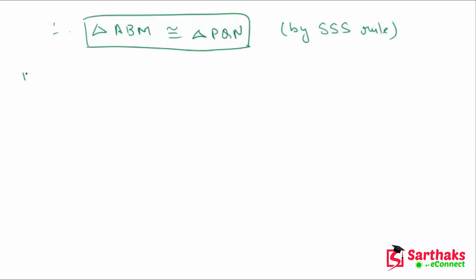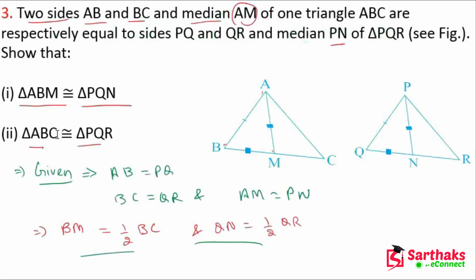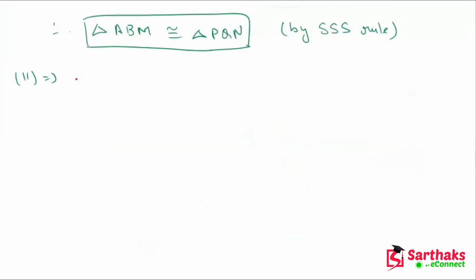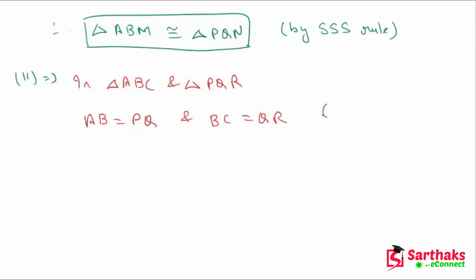Now in the second part, we have to prove triangle ABC is congruent to triangle PQR. So let's take these two triangles. In triangle ABC and triangle PQR, we know that AB is equal to PQ and BC is equal to QR. This is given in the question.